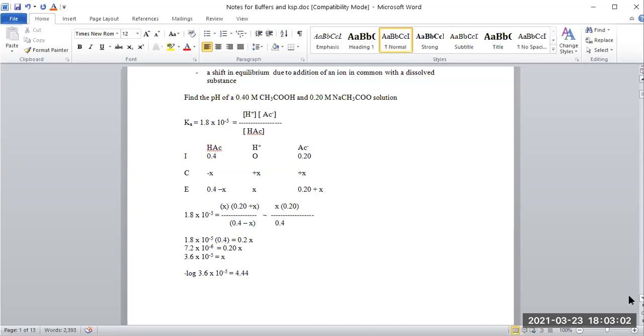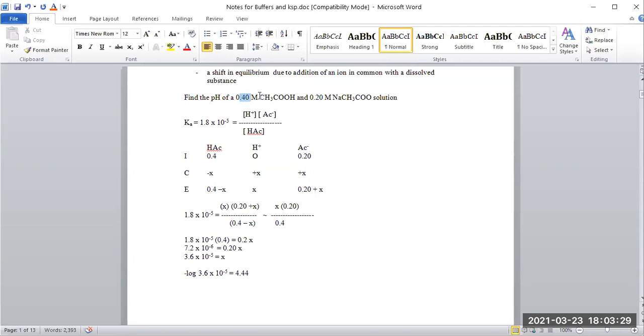Now, none of these are actually undoable from the whole crunch and slog your way through the quadratic equation. You could actually do that because you would have an x squared, a bx, and a plus c. But I'm going to shortcut this one. I'm looking at my values of my concentrations.